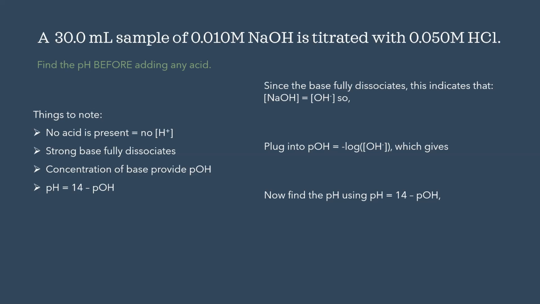So in this case, since the base we are using fully dissociates, this indicates that the concentration of NaOH is equal to the concentration of hydroxide. So the concentration of hydroxide is equal to 0.01 molar.